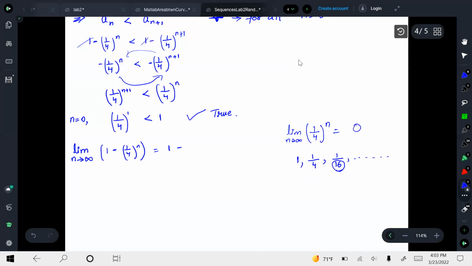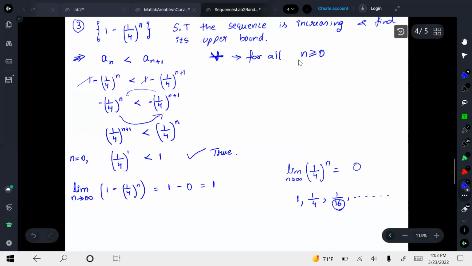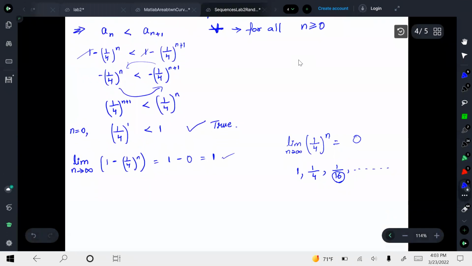Hence the limit as n tends to infinity of the fraction to the power of infinity is 0, and the answer is 1. Okay, so the upper bound for example 3 is 1. This is how you need to find the upper bound.